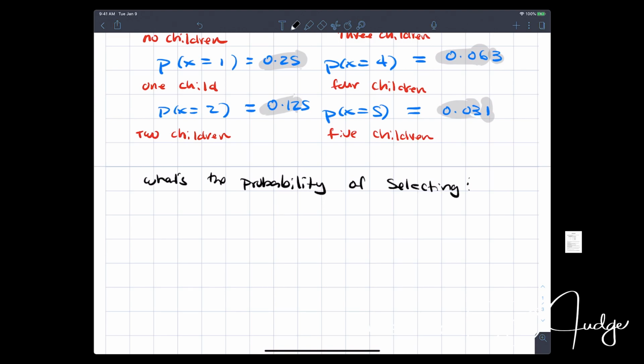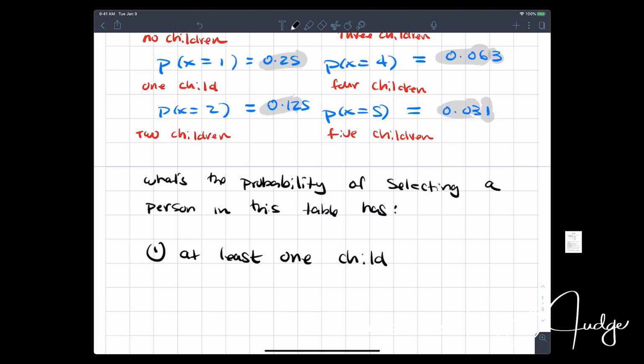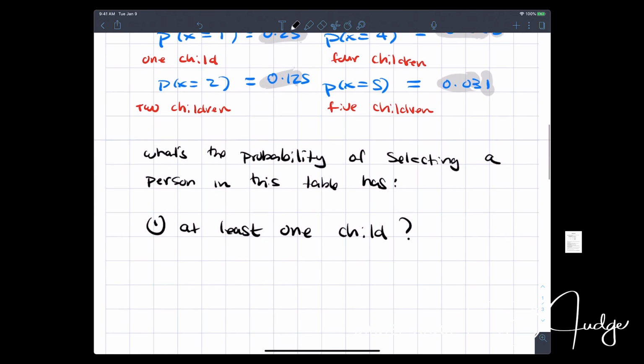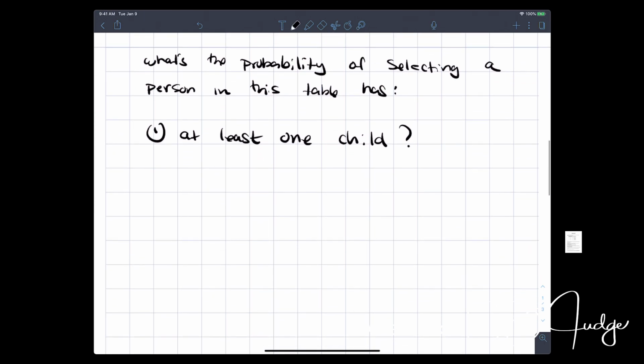So what's the probability a person in this table has, question 1, at least one child? All right, at least one.